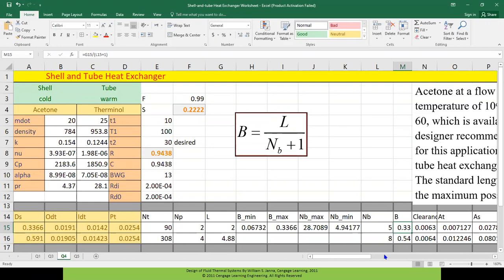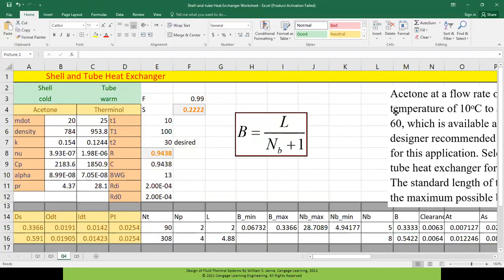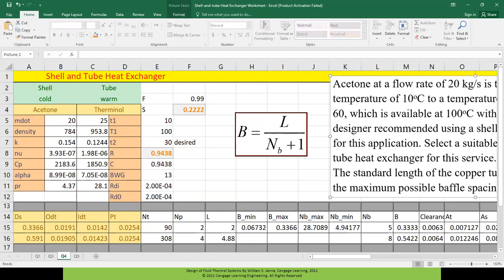Did you get this number 0.33 for baffle spacing? 5 plus 1. Yes. Okay, good. So we got the baffle spacing.